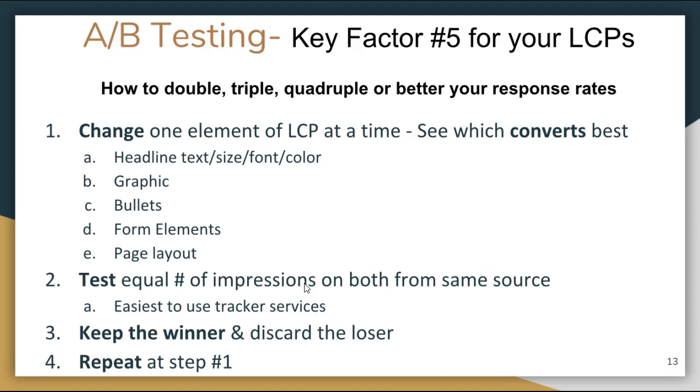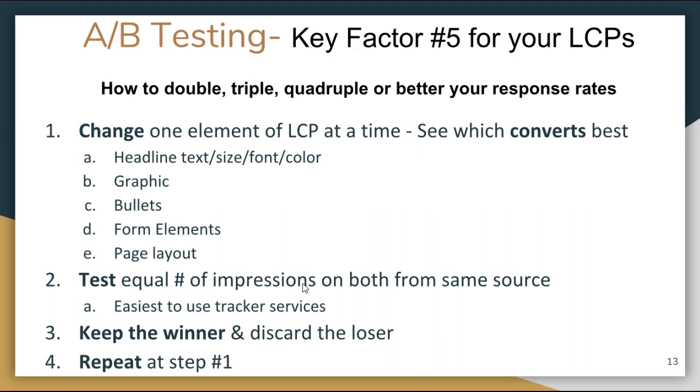And again, I can have another training on how to use trackers. They're pretty easy. You basically put the URL of your lead capture page into your tracker, and you put 2 in the same tracker and see which one gets the most conversions. Okay.